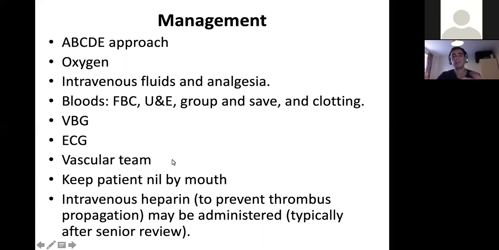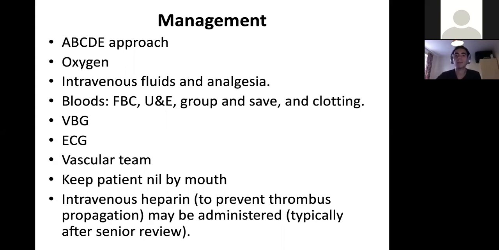Management: obviously this is an acute surgical emergency. We need to manage it with an ABCDE approach, going through all the parts of the ABCDE. But more specific for acute limb ischemia, you need to think about oxygen, fluid resuscitation, and pain relief, and blood tests, thinking about the full blood count and urea and electrolytes, but also group and save and clotting.